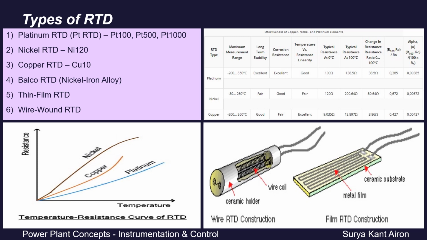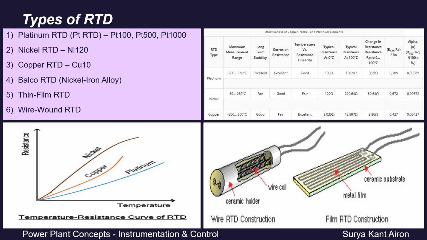PT1000 resistance are often used in applications where a high resistance allows for longer cable run without significant signal loss. Means if we have to transmit it to a longer distance, direct voltage signal, then we use PT1000. Otherwise, in a power plant, PT100 is used.